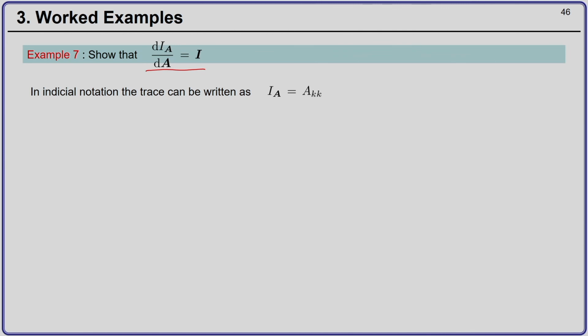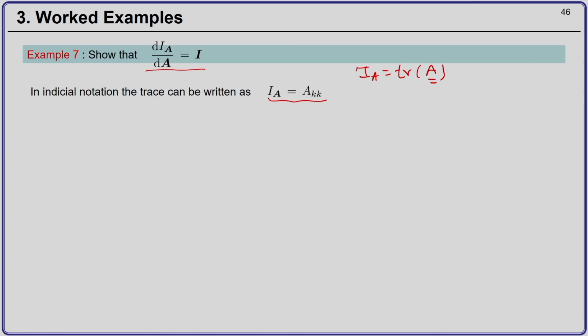Remember the first invariant is nothing but the trace of a second order tensor. So, I_A is nothing but trace of A.